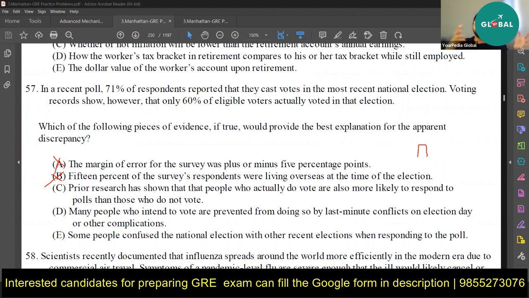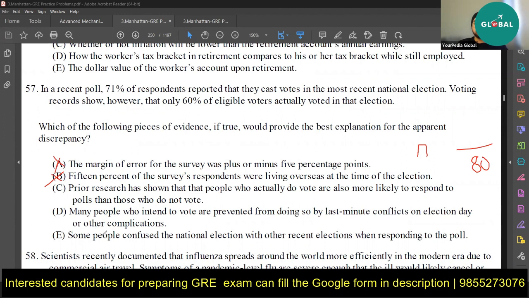So maybe now only 80 people are left, and out of 80 people, he's saying people who actually cast their votes are more likely to respond. So if more people out of this 80 actually voted, you will get a different percentage that is higher than the actual percentage. So this can be the correct answer.